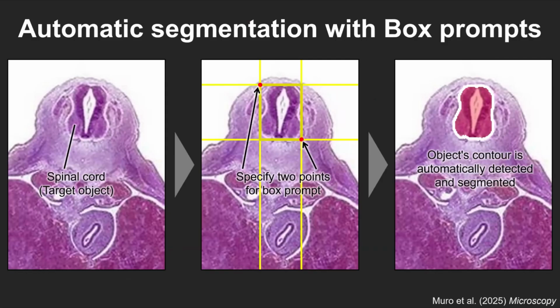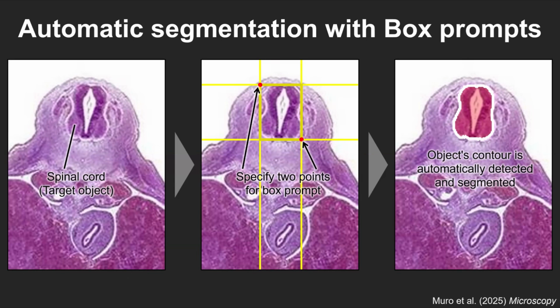I would like to introduce some specific examples of the features of SegGraph. For automatic segmentation, we use a function called box prompt. When you want to segment the tissue structure shown as spinal cord, you can set a rectangular frame, box, that surrounds the entire object.